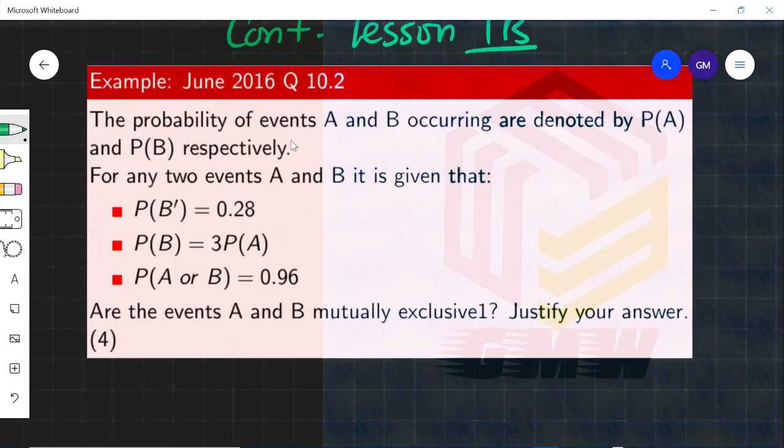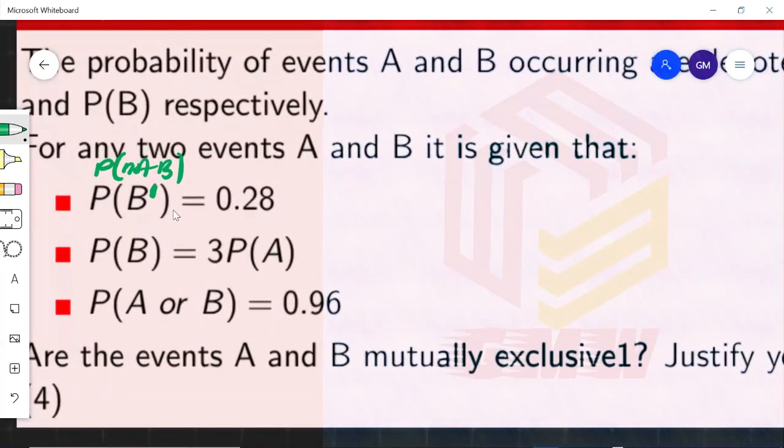It says the probability of events A and B occurring are denoted by P of A and P of B respectively. Then for any two events A and B, it is given that probability of not B, which is the same as B complement, is 0.28. Immediately, since they gave me this, I know there's a connection.